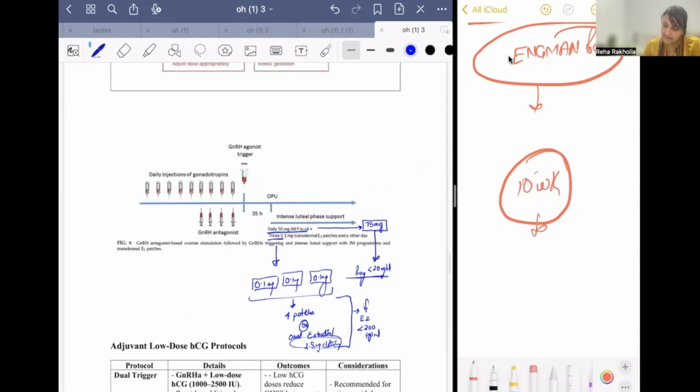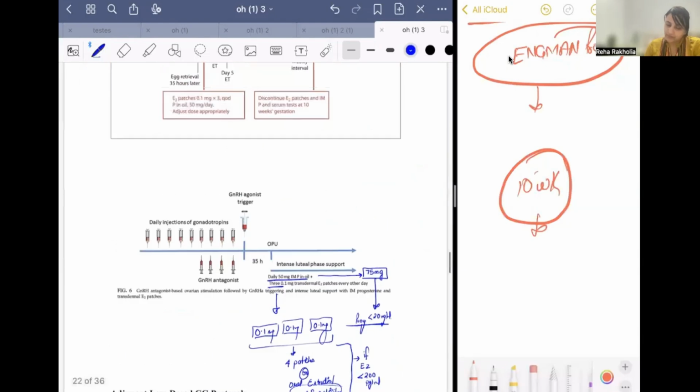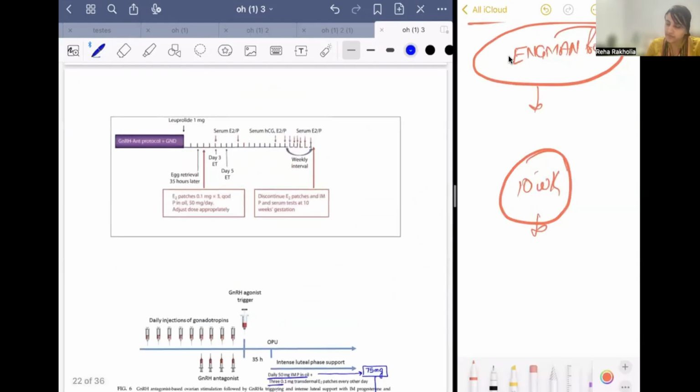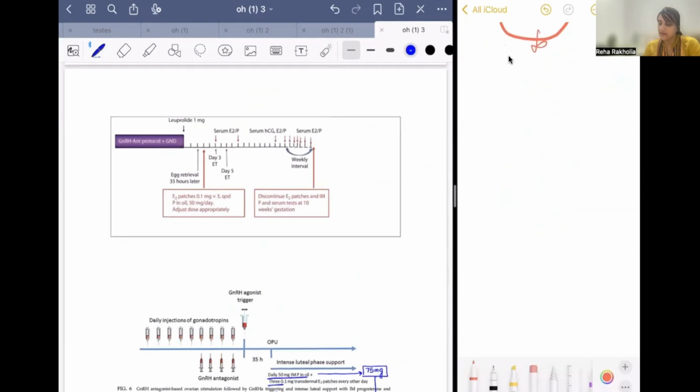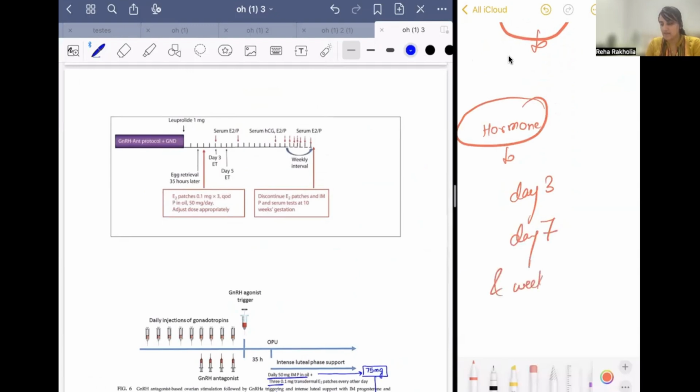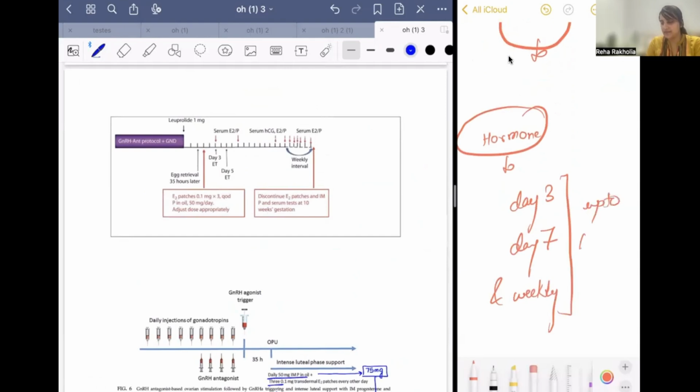So basically it is requiring, see, we'll have to monitor E2 and progesterone here. Hormone level should be regularly monitored at day 3, day 7, and weekly up to 10 weeks.